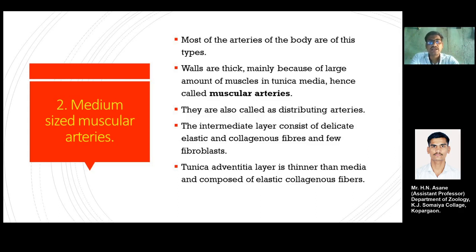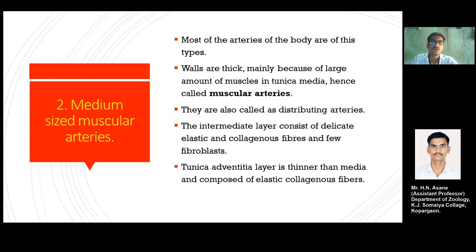These are present in the muscles, so they are also known as muscular arteries, because of the tunica media layer, the middle layer, of these medium sized arteries.